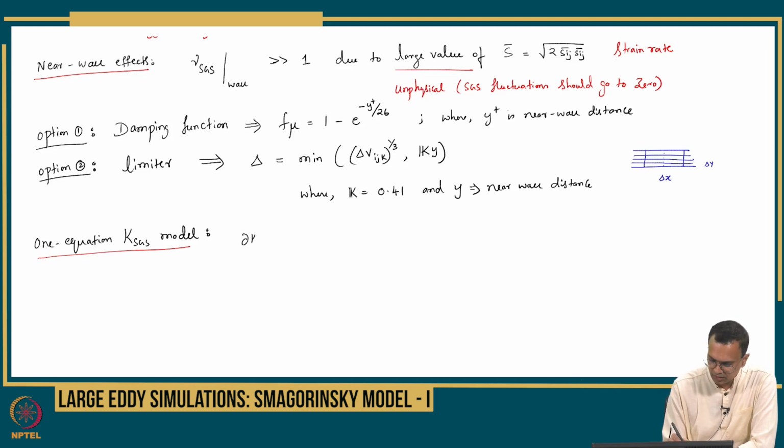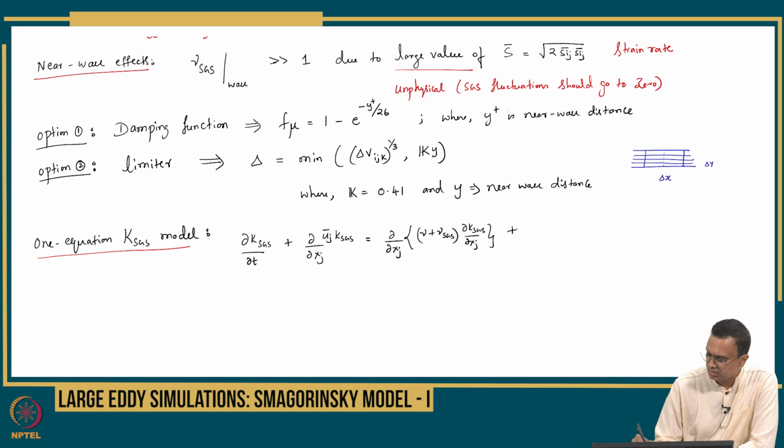So we have ∂k_SGS/∂t plus ∂/∂x_j of your filtered velocity and the subgrid scale kinetic energy that you are computing for, equal to the diffusion term ∂/∂x_j of (ν plus ν_SGS) ∂k_SGS/∂x_j, and then a production rate.